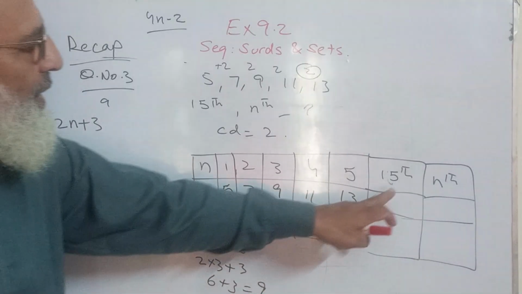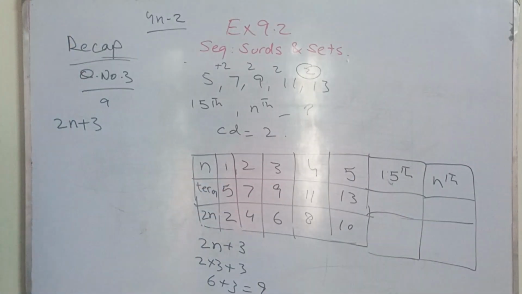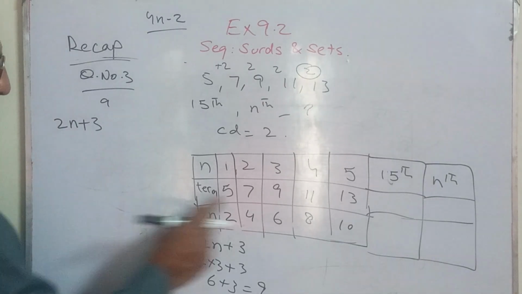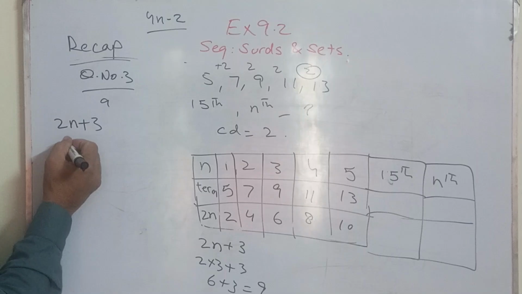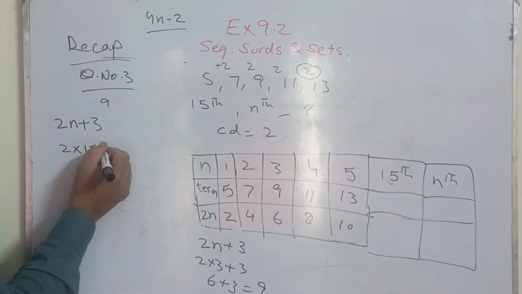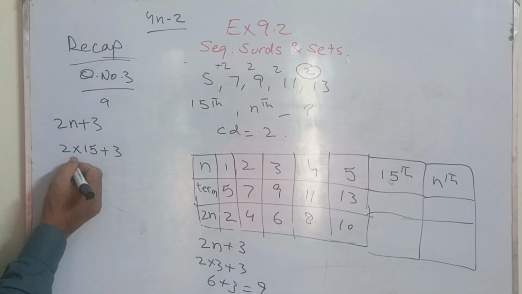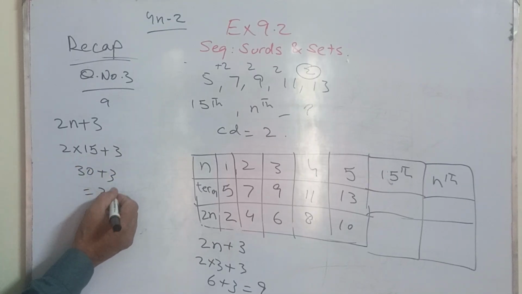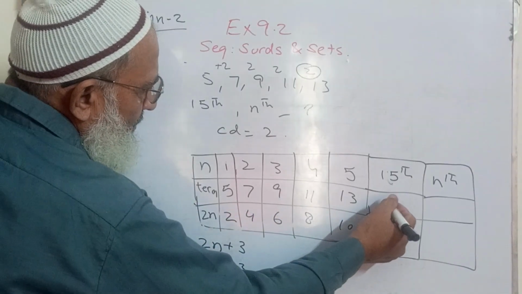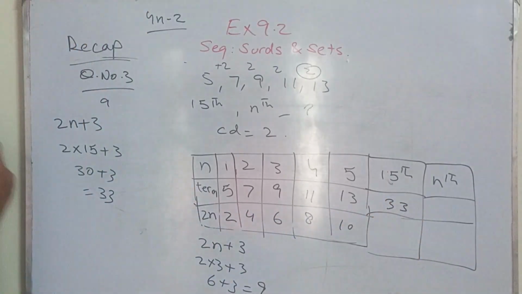Now what we have to find is the 15th term. Now our n is 15. 2 multiplied by 15 plus 3 is equal to 30 plus 3, that is equal to 33. So this will become 33 over here.